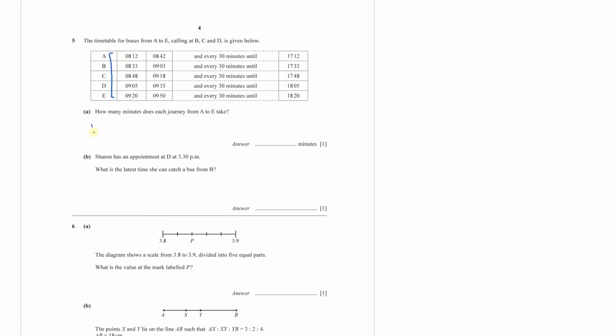So your journey time would be 9:20 minus 8:12. 20 minus 12 gives 8. Then 9 minus 8 is 1, and 0 minus 0 is 0. So it takes 1 hour and 8 minutes.